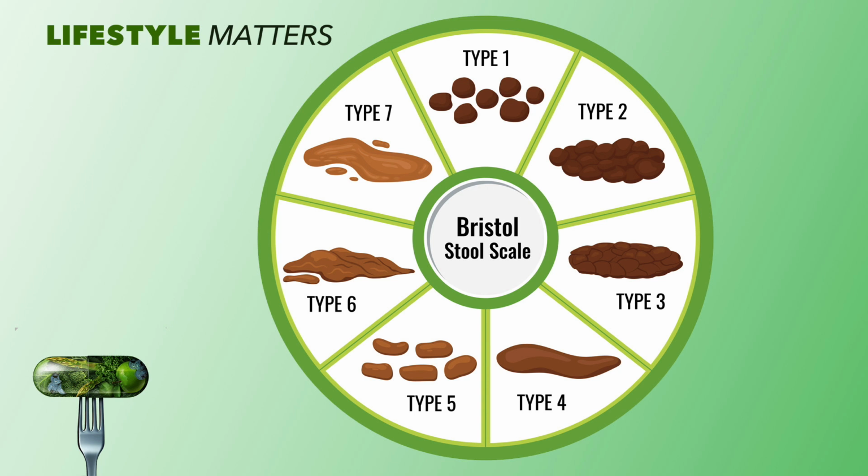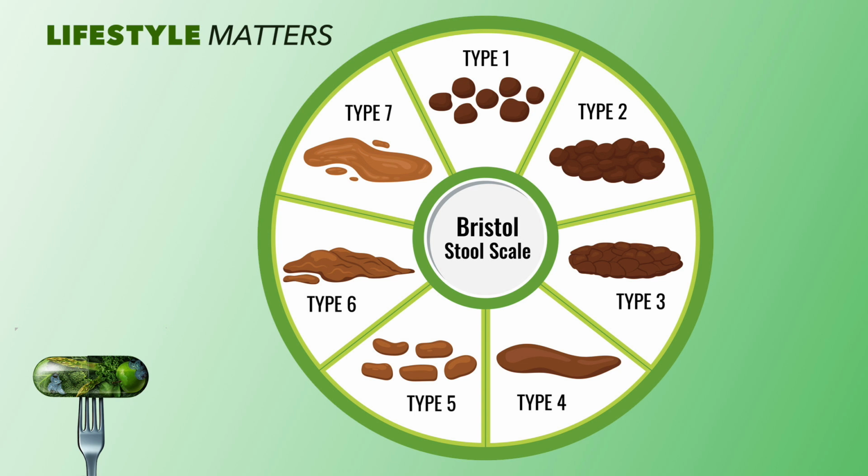And then type two is still like a pellet, but they start sticking together, like mushy peas, not that soft, still quite hard and lumpy. And then they start looking like a sausage. Type three is a sausage shape, but with cracks on the surface. So a sausage with cracks in it means it's a type three stool.